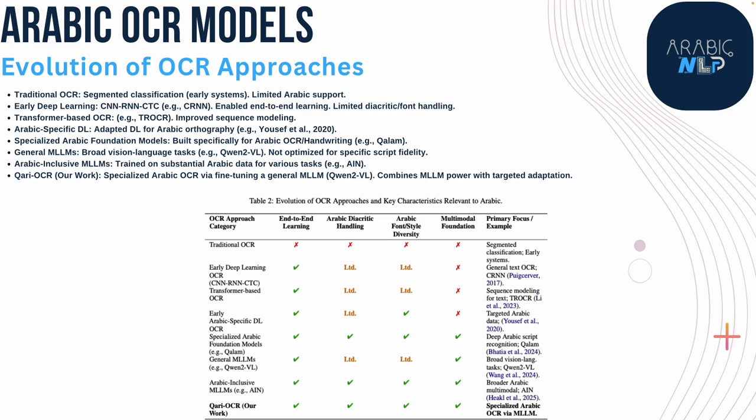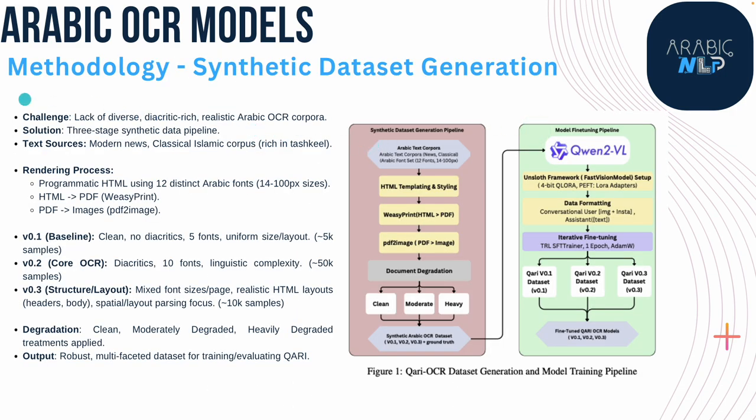We can see a summary of these different approaches and how they handle Arabic features in this table. It is included in the paper, and I am going to put a link in the description for the paper and for the models, so you can have a deep look at this.